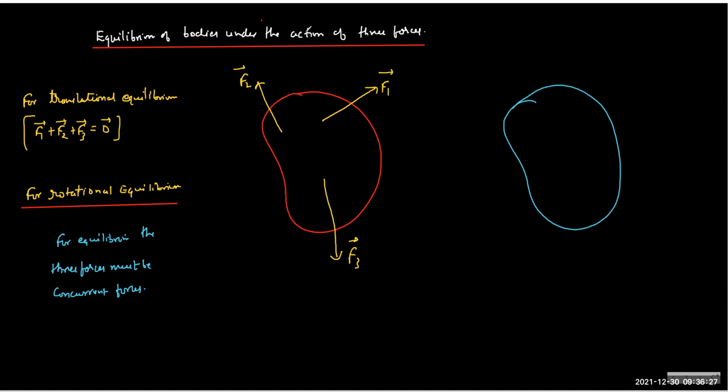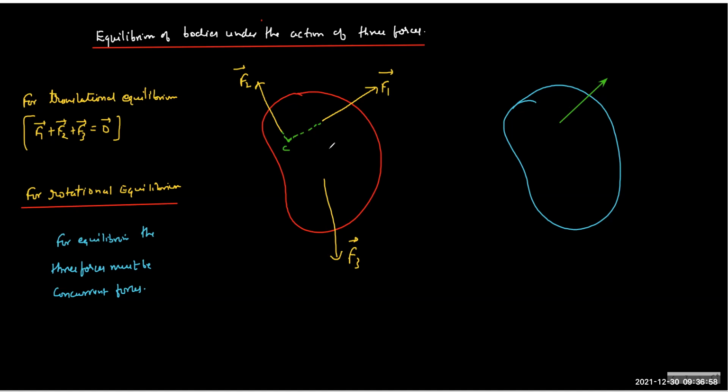Let's say we have only two forces acting on the body. We can join these two forces tail to tail by extending the lines like this. So we can see that these two forces are acting at this point, and their resultant will be somewhere between, correct?